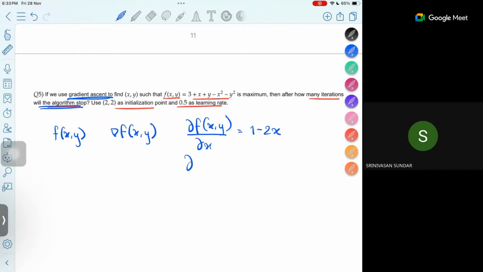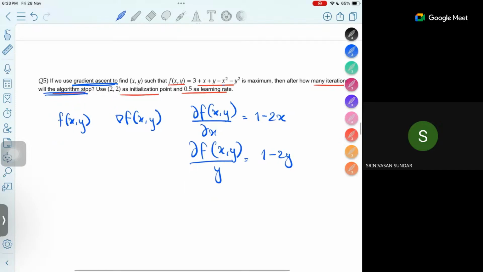And then similarly, the partial derivative of f of x comma y with respect to y will be the same thing, 1 minus 2y. If I put this into a vector, this vector is nothing but 1 minus 2x comma 1 minus 2y.